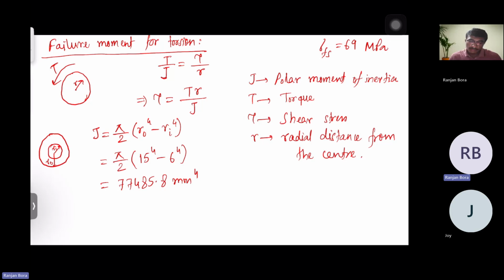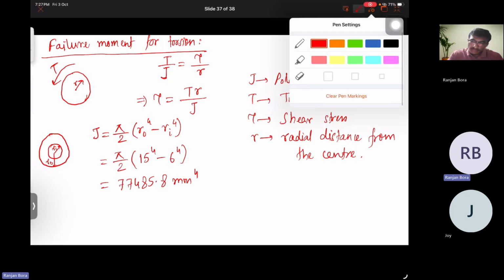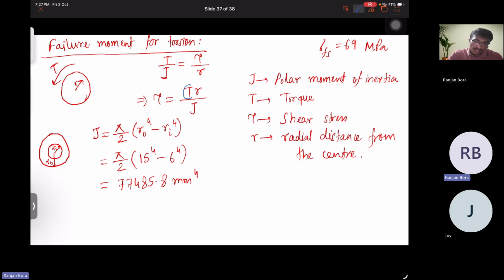Now we need to find the maximum torque, the maximum shearing moment that we can apply on this cross section. For maximum torque, the shear stress will be equal to the failure stress for this material.